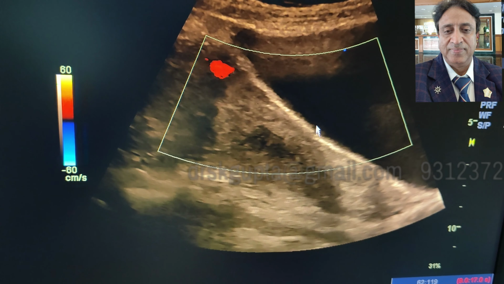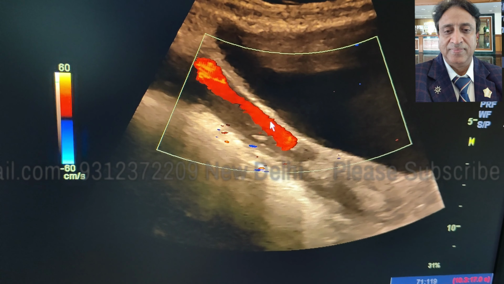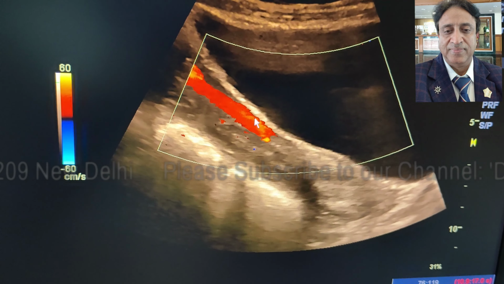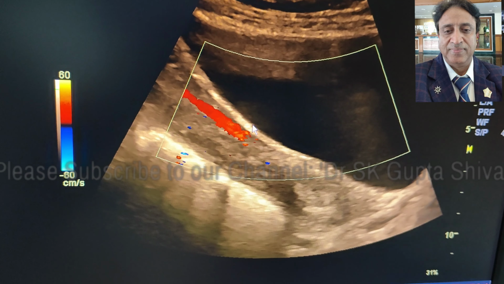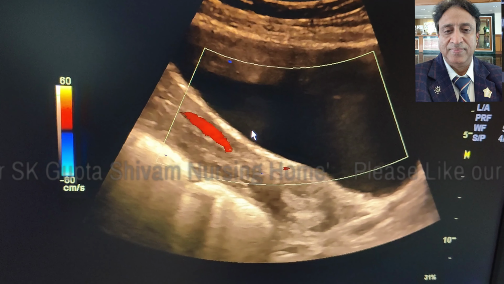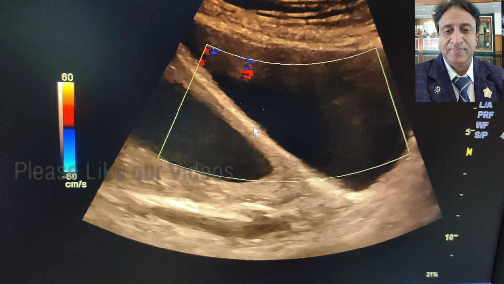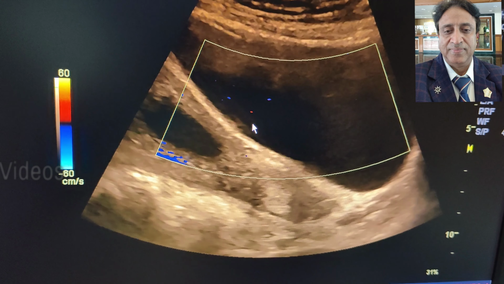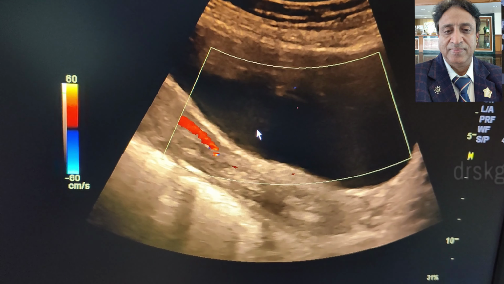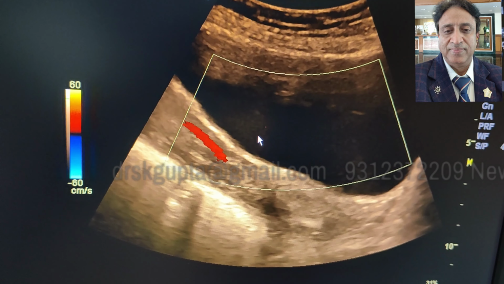And this is the urinary bladder you can see, and this is the uterine artery which is visible. And once we trace it upwards, we find that it goes up to the level of the normal uterine horn and the rudimentary uterine horn. And probably so we feel that we are dealing with a case of a fetal demise in the rudimentary horn of the uterus and the normal pregnancy in the normal horn of the uterus, which is the well-developed horn.